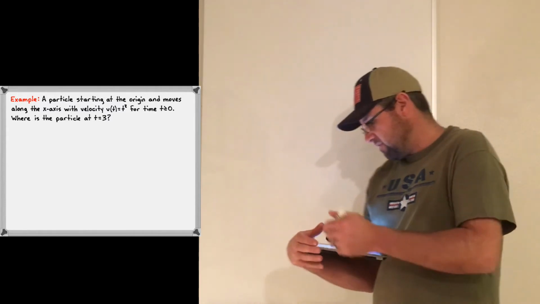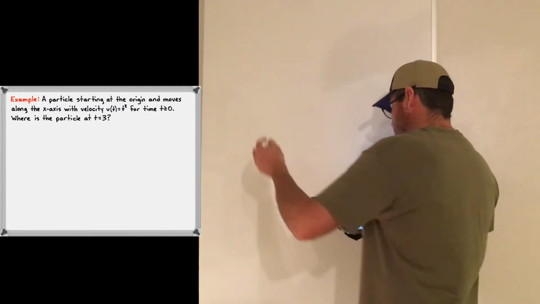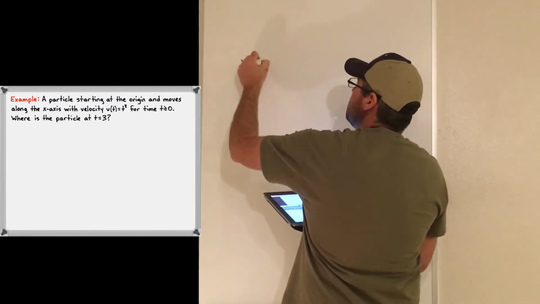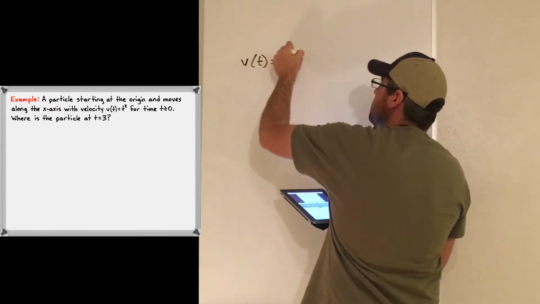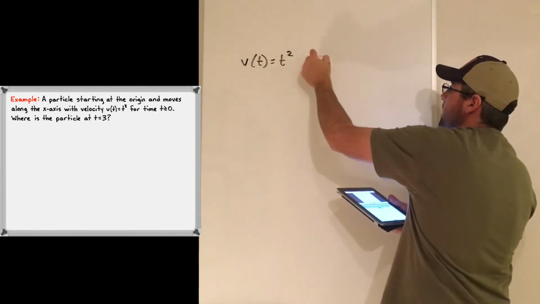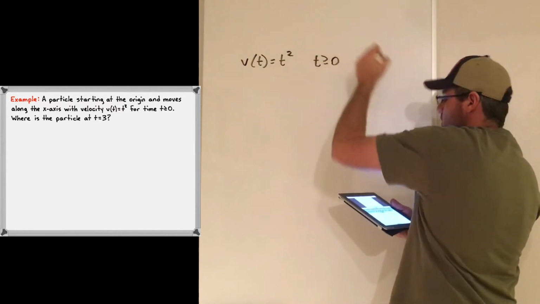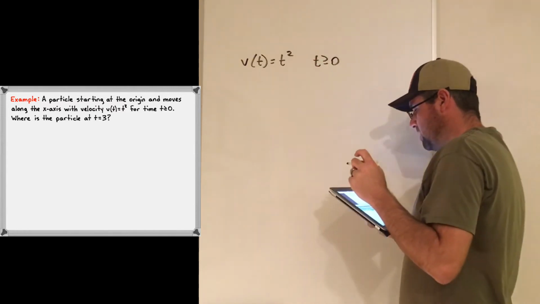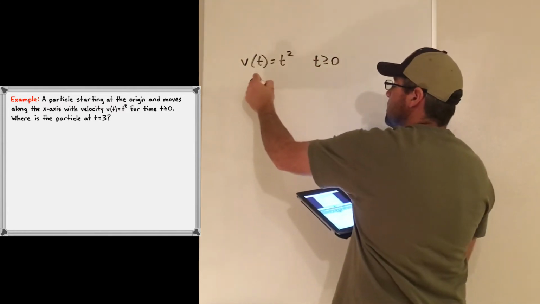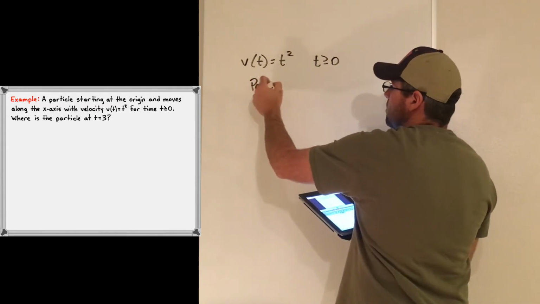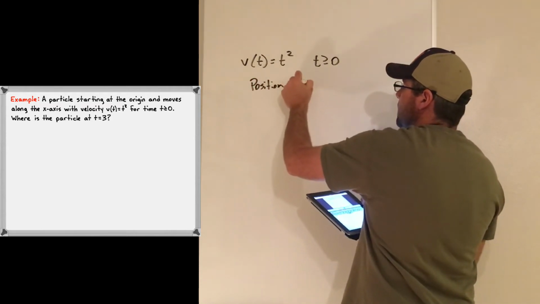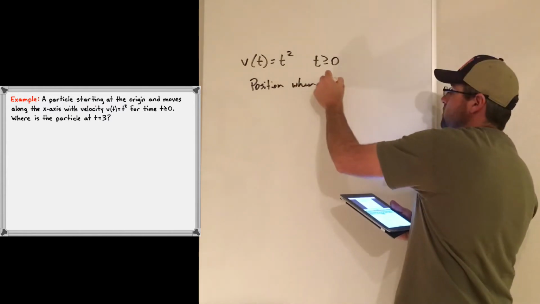We know that the velocity is t squared, so we have v of t equals t squared, and we're looking for time when t is greater than or equal to 0. We're looking for the position of the particle when t equals 3.